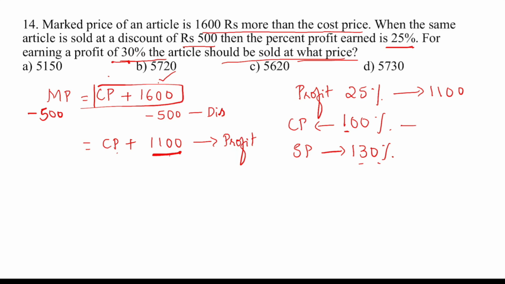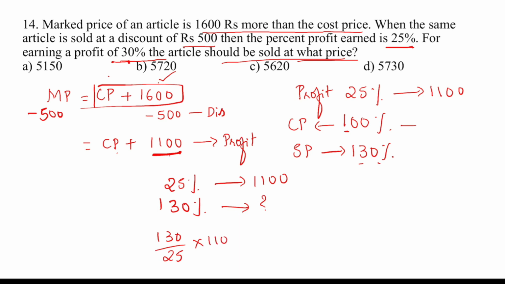So if 25% is 1100, then 130% is how much? Because we have to sell at 130, isn't it? Everything we are taking in the form of hundreds, with 100 as the base. So 130 divided by 25 into 1100, 1100 divided by 25 is 44.